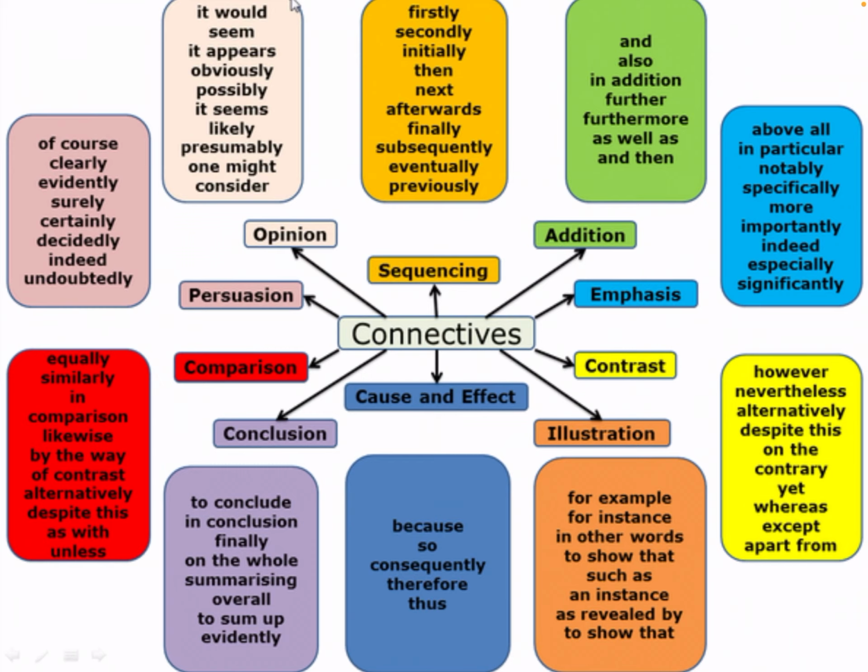When we want to illustrate, when we want to give an example, we say for example, which I always do. When we want to talk about the cause and effect, we can say because, so, consequently, or therefore. So it's very important to study all of these.